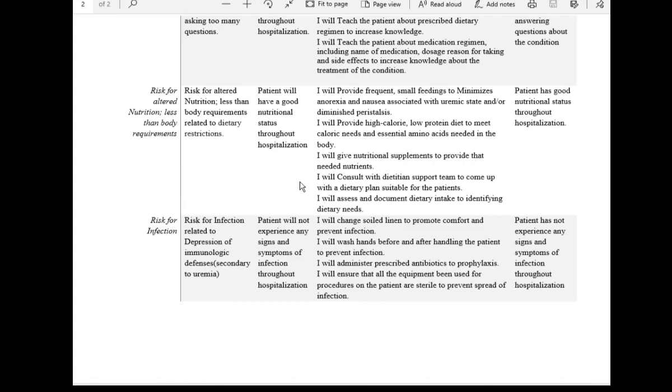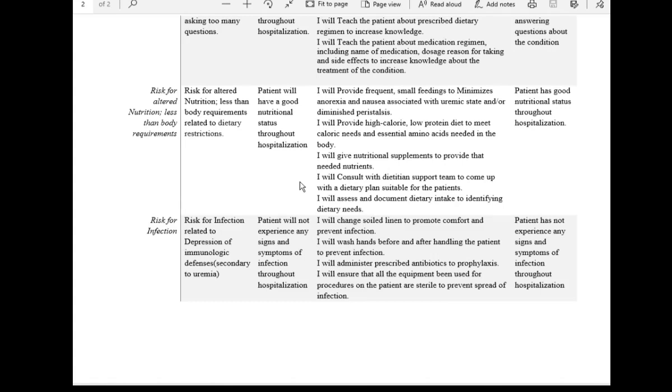So our diagnosis is risk for altered nutrition less than body requirement related to dietary restriction, or it can be related to anorexia, or it can be related to nausea and vomiting.